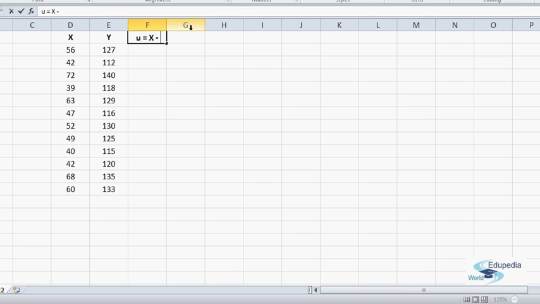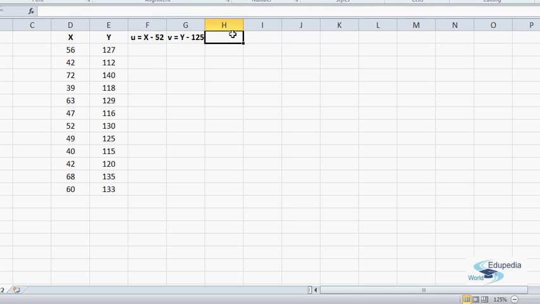Let me take it as 52, and v would be equal to y minus a middle value, let's say 125. Well, we know that we can take any of these values, preferably a middle one. Now here I have taken 52 and 125.